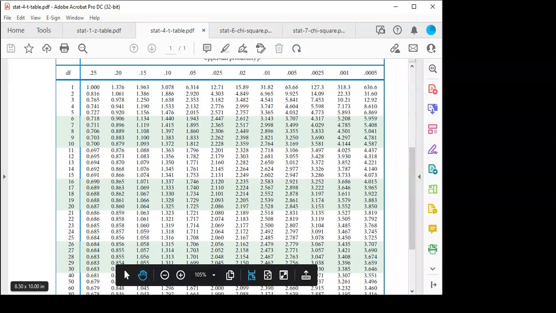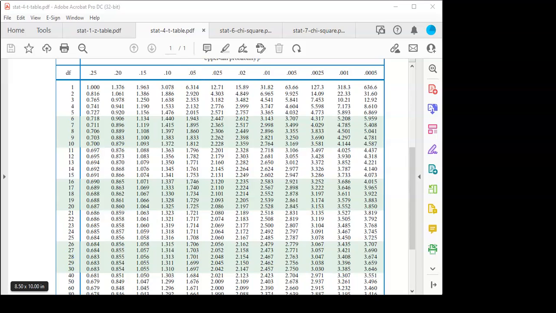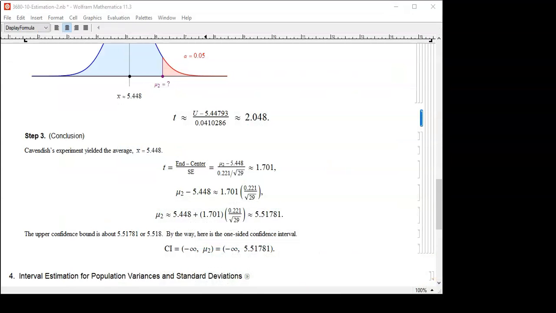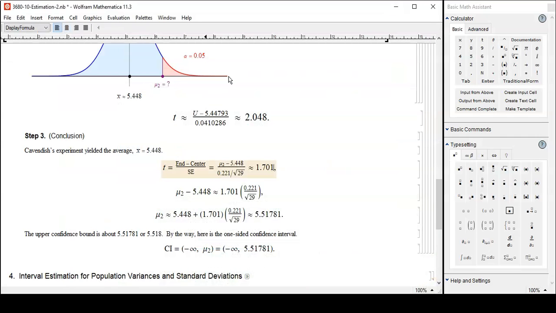I looked up the incorrect column. So 1.701, that's what I want. This one is wrong.